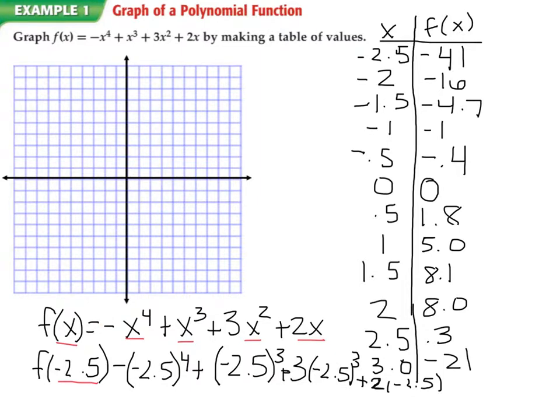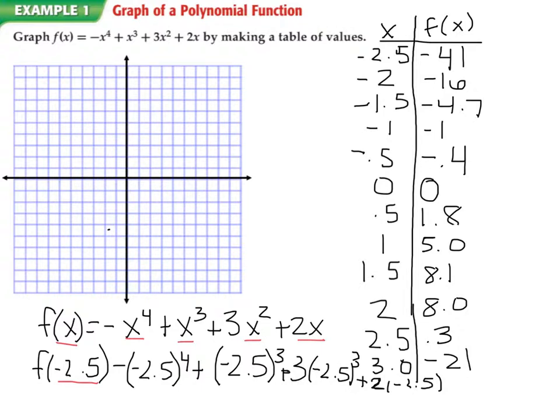With negative 2, negative 16, that one's also going to be off my graph, so I can't graph that either. But negative 1.5, I can graph that. Negative 1.5, and then down to negative 4.7. It's going to be about right there.